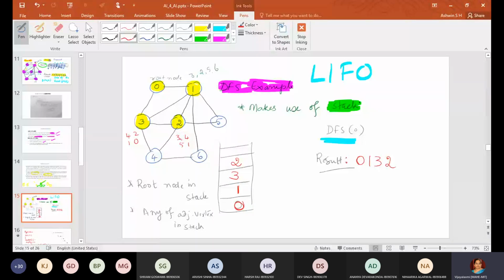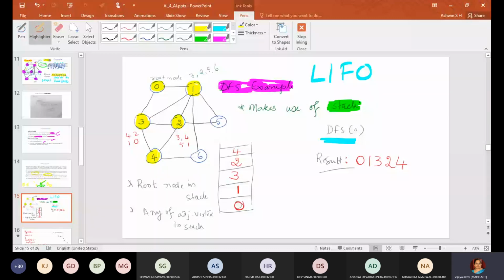So after 3, there are 4 and 5, and I can write 4. So I will write 4. Again, you may ask me, why not 5? You can write any one, but not both. So 3, 2, here I have to write 4. So I'll mark this.